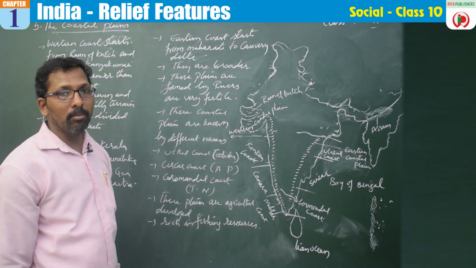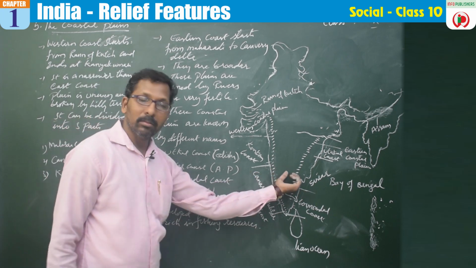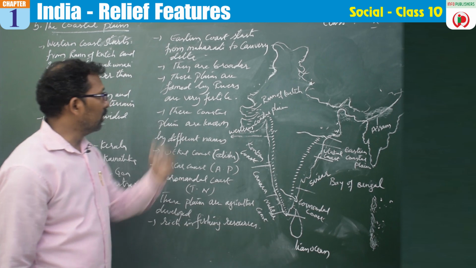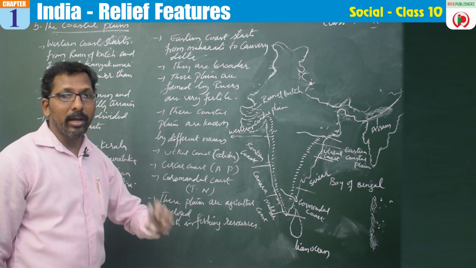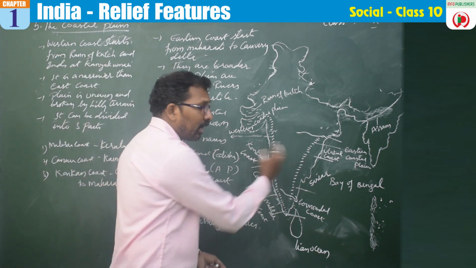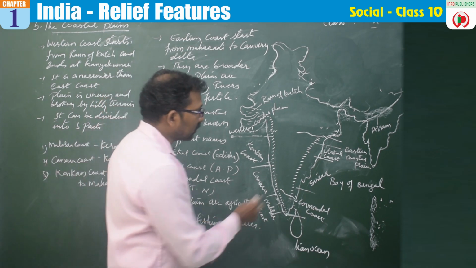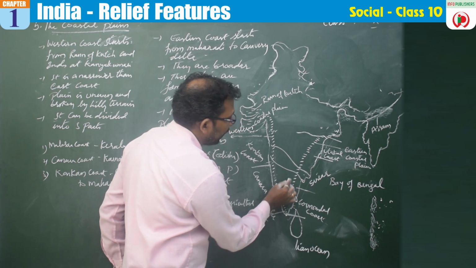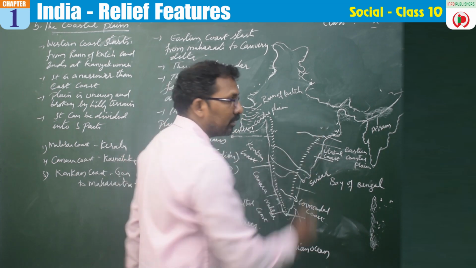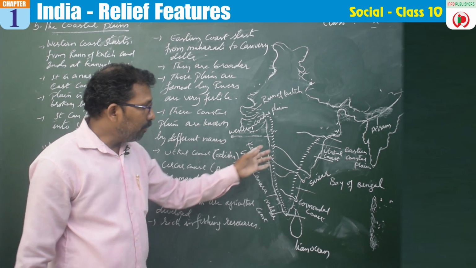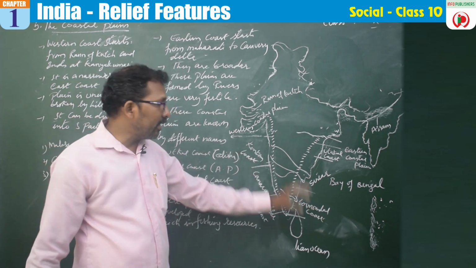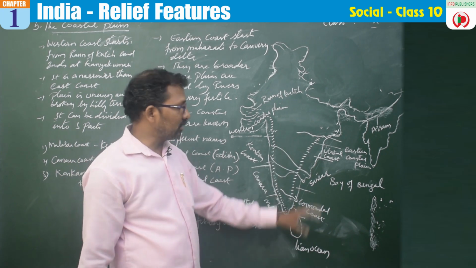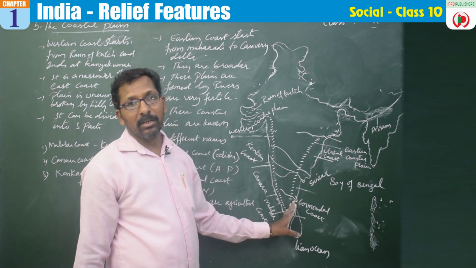These plains are formed by rivers, and that's why they are very fertile. Now why are they very fertile? Because these rivers, Godavari, Krishna, Kaveri, Tungabhadra, Mahanadi, all of them bring silt along with them and deposit it here. That's why very fertile soil is present here in the eastern coast.